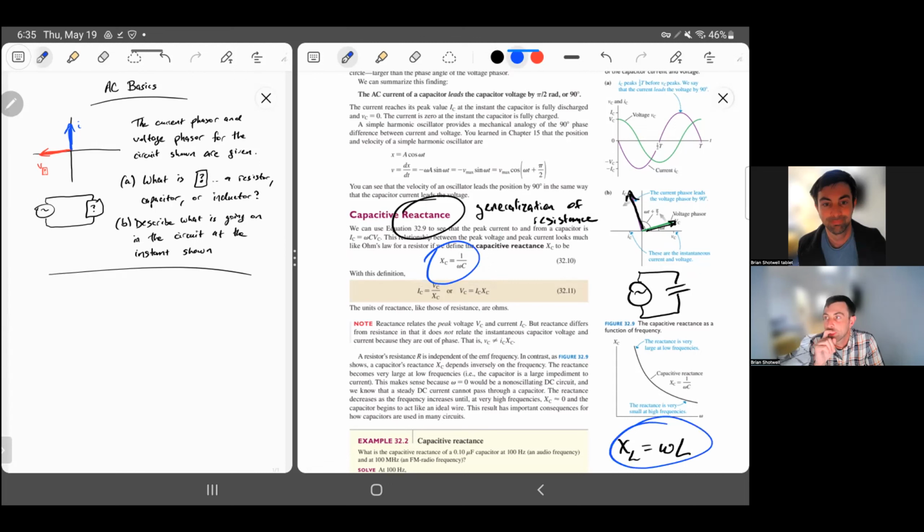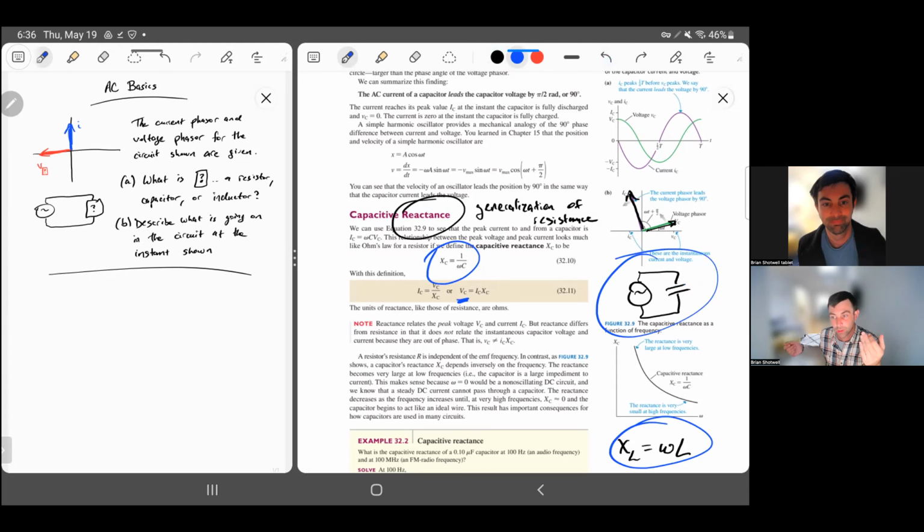So let's try and think about why that is, okay? Let's suppose we fix the overall voltage. If you just have a simple circuit element like this, the V sub C, or if we replace this with an inductor right here, then V sub L would just be equal to the voltage of the source.